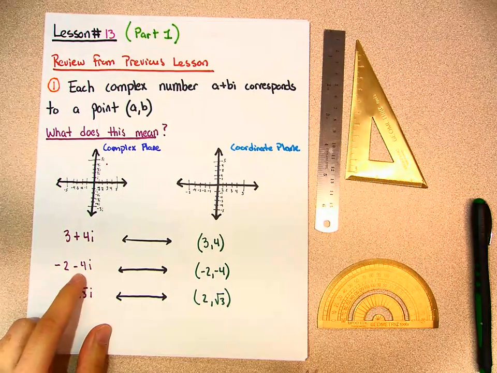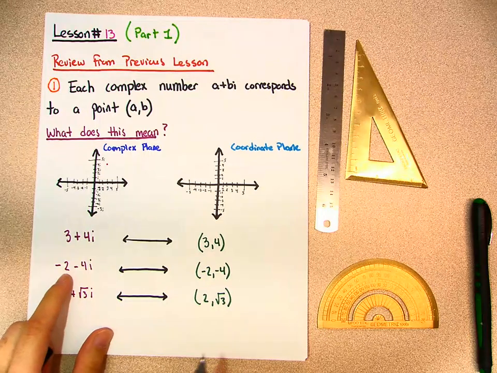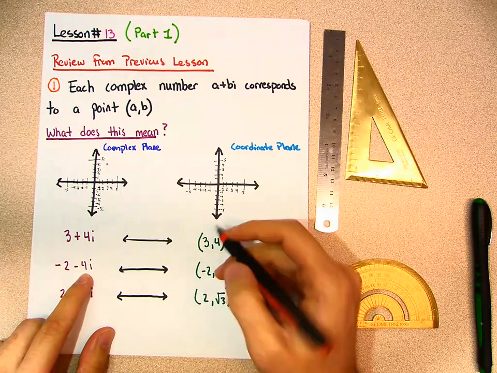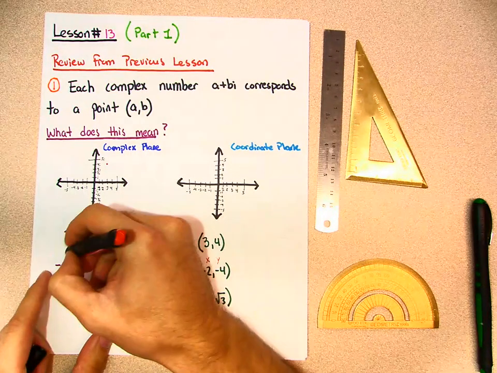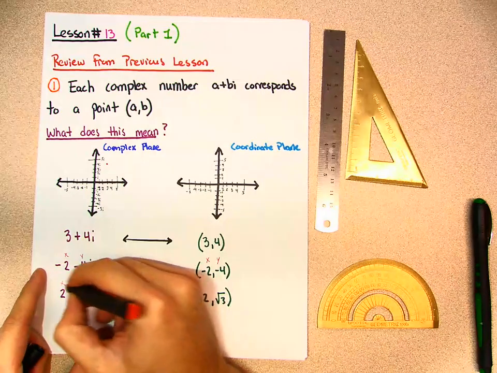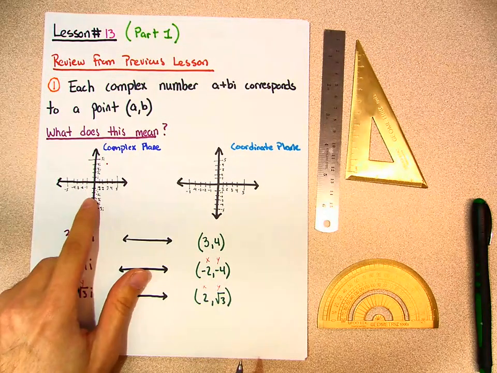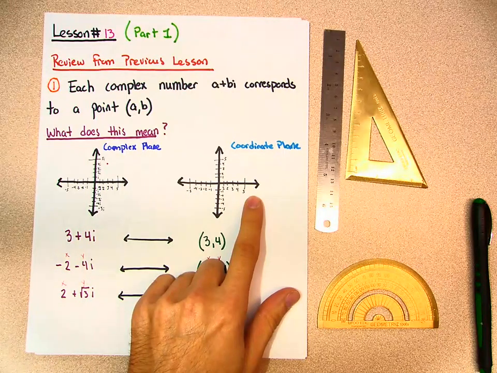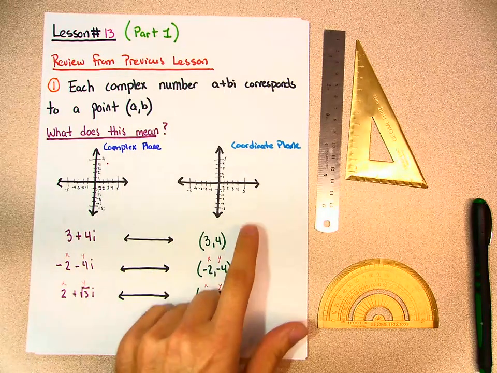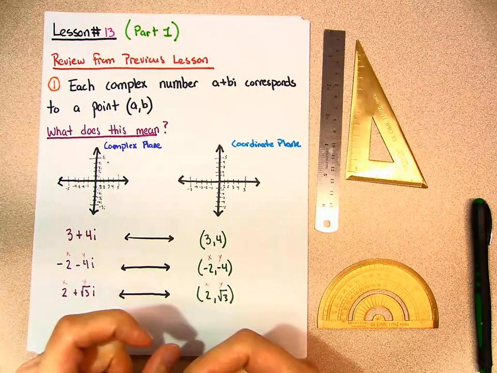Like negative 2 minus 4i, this is my a, that's my b, this is my x and that's my y. That's all I'm saying: you could take any point in here and make it into a coordinate point, or take anything from here and bring it over there.